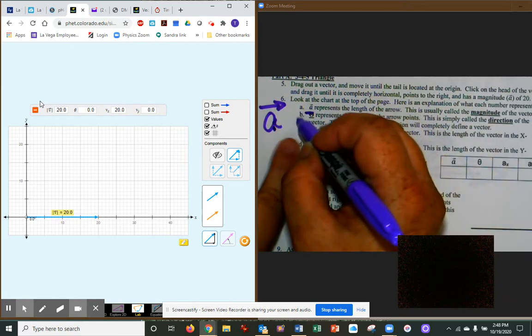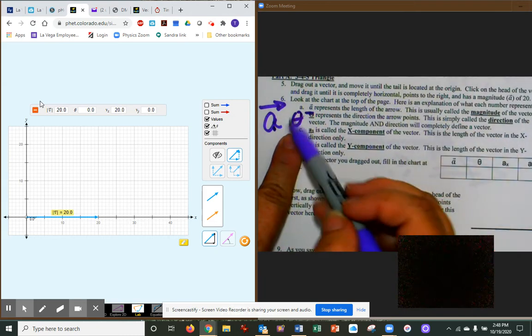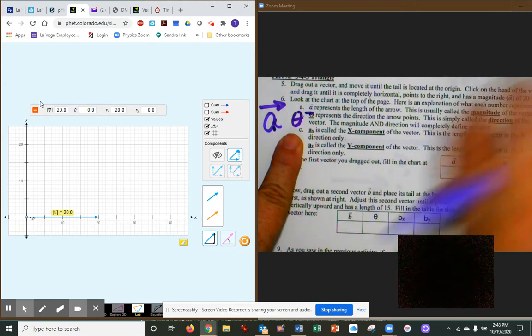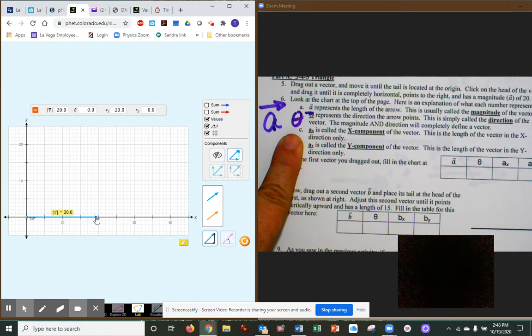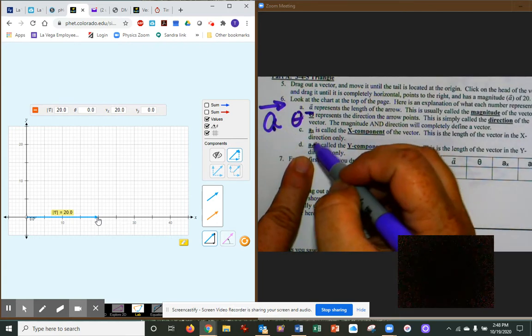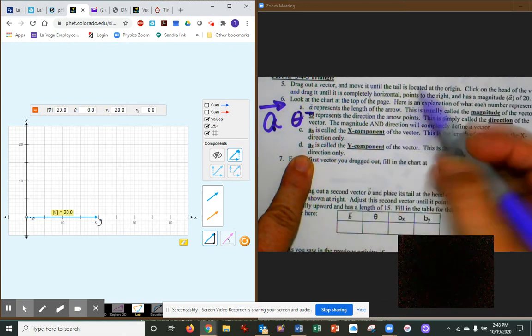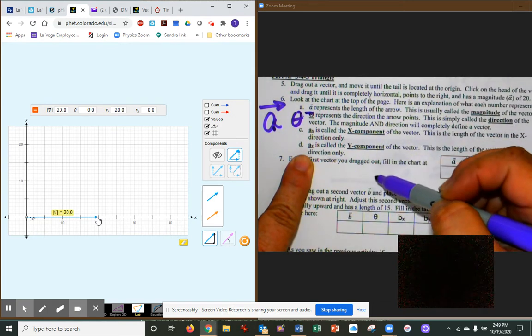Okay, the theta, which I just drew over, represents the angle of the vector in relation to the horizontal, the x-axis. In the first example they gave us, it's completely horizontal. And A of x and A of y are the x component and the y component.